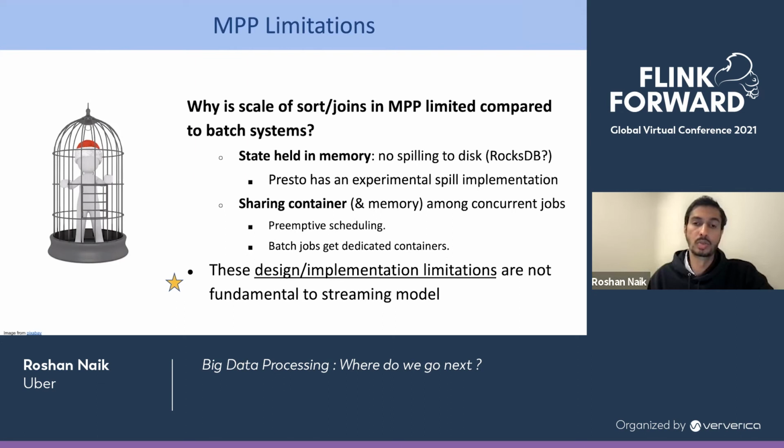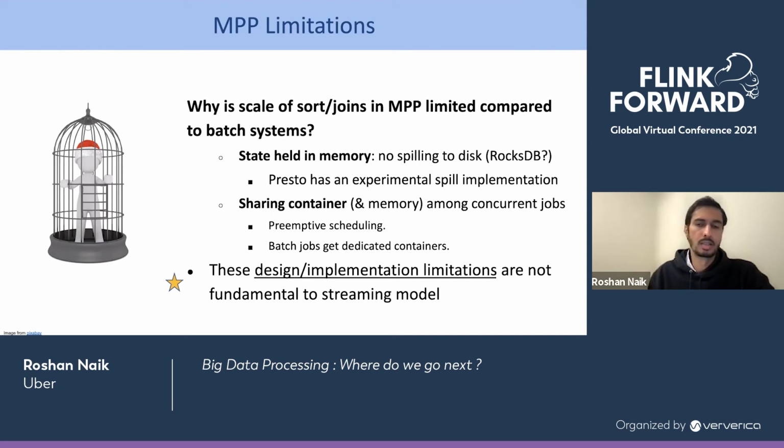One has to do with the fact that they tend to hold the state in memory. They don't allow it to be spilled over to disk, as we can do in Flink by using RocksDB as the state backend. Now, Presto seems to be experimenting with enabling this feature, but I believe it's probably operator specific and may not be released as yet.